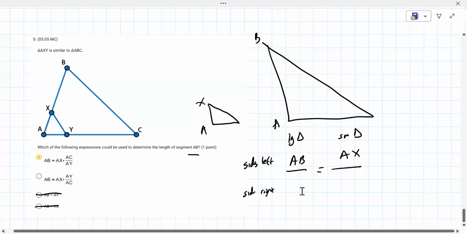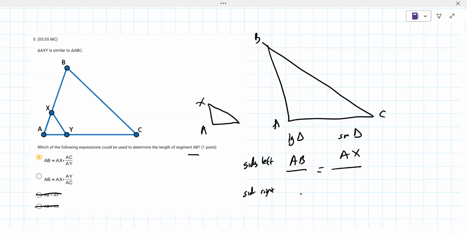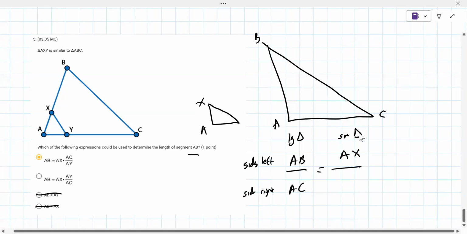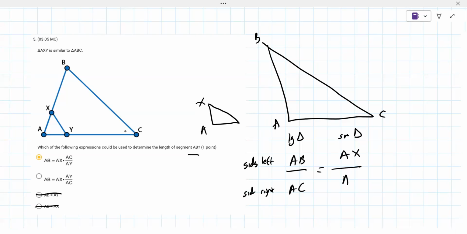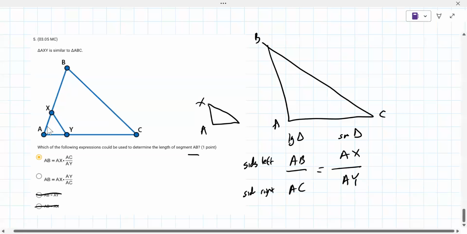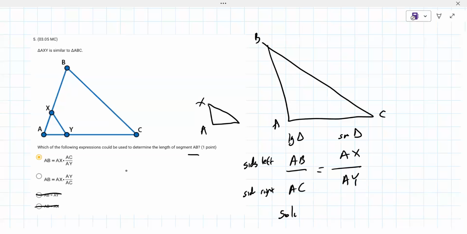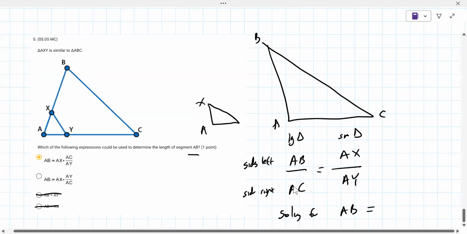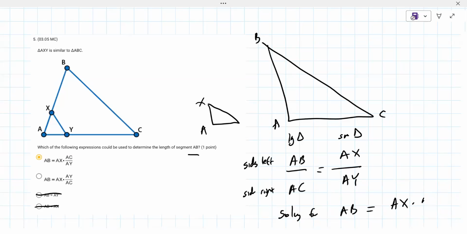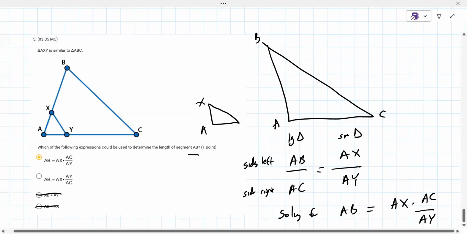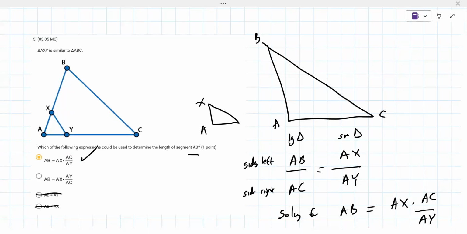Do we have the right side of the larger triangle? Yeah, that's A to C. Do we have the right side of the smaller triangle, which is AY? And then we're solving for AB. So for AB, you just multiply both sides by AC, this bottom here, and you get AX times AC over AY, like you've done there.